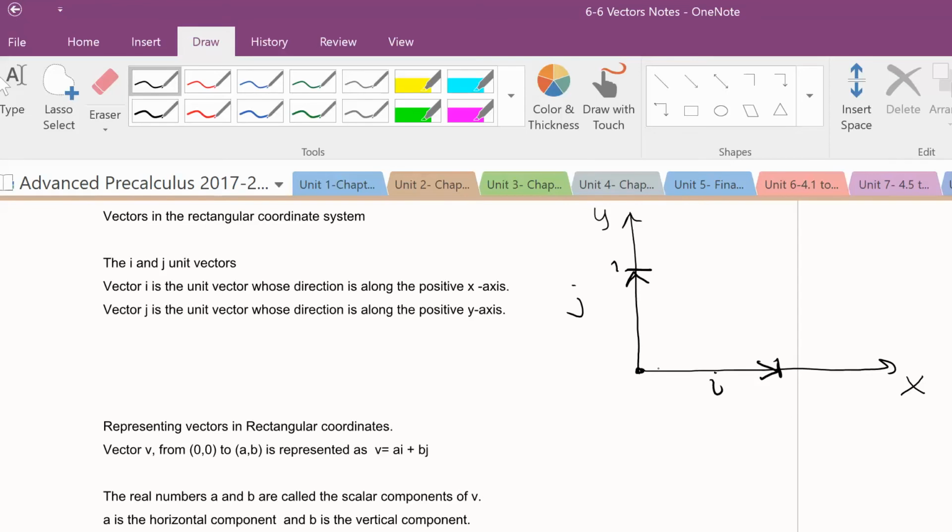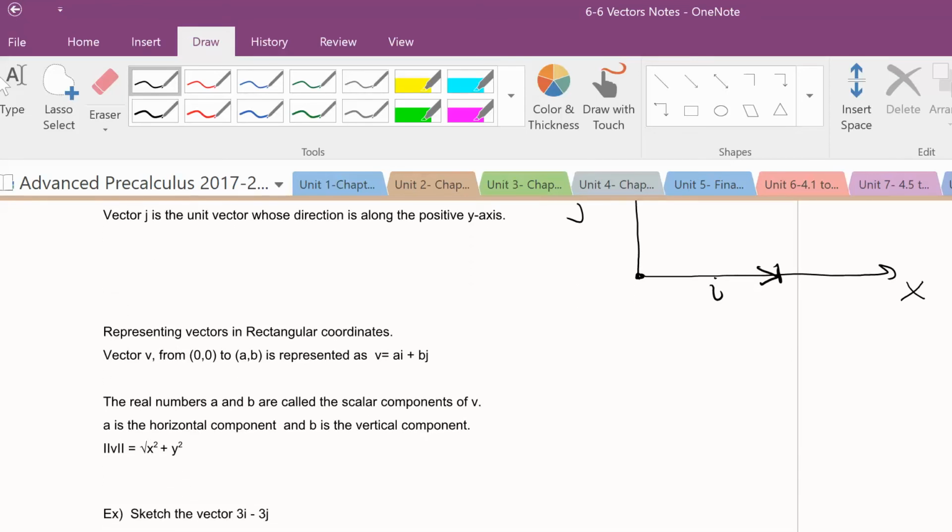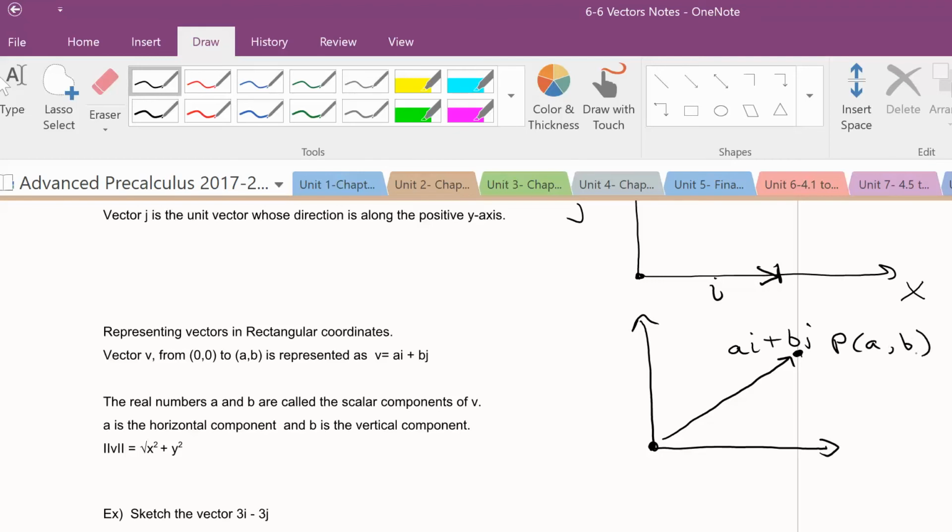So when we write vectors, we are going to consider it in terms of i and j, meaning the horizontal and vertical vectors. So if I go this vector here, and it's ai plus bj, that means it was from the point a comma b, and that means it went up b and over a on the horizontal axis.